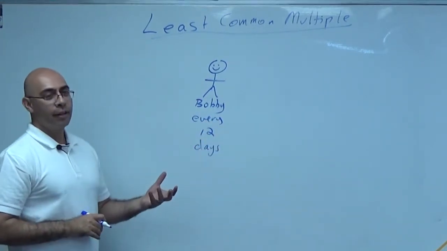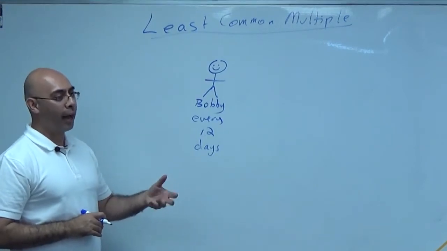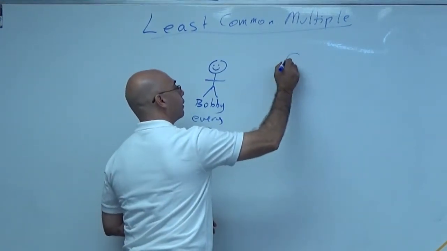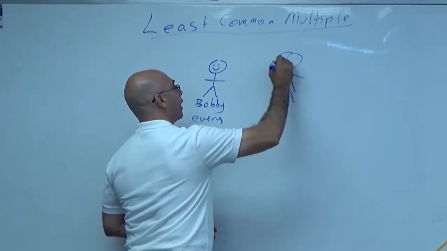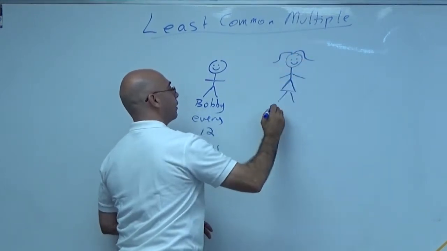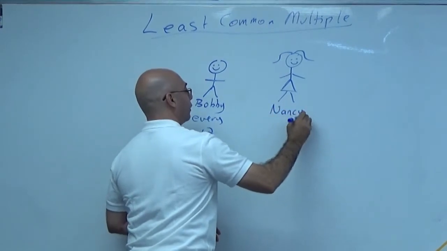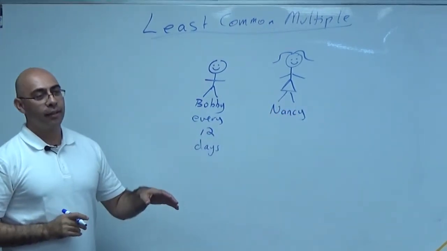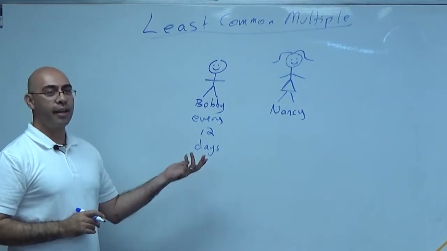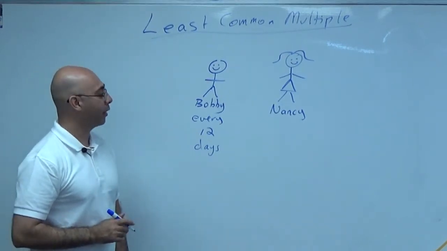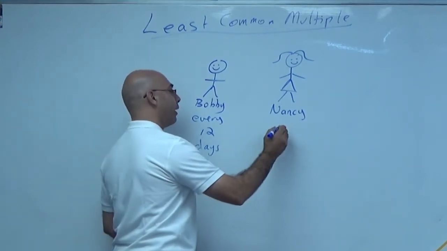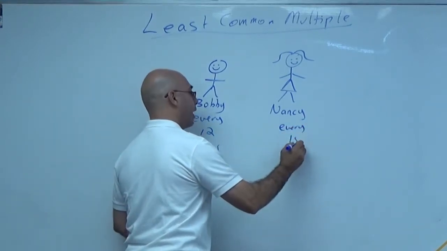And then he runs into, at one house, Not Too Shabby Nancy. And let's say she likes to go out for walks after she comes home from work. And she walks by that spot every 18 days.